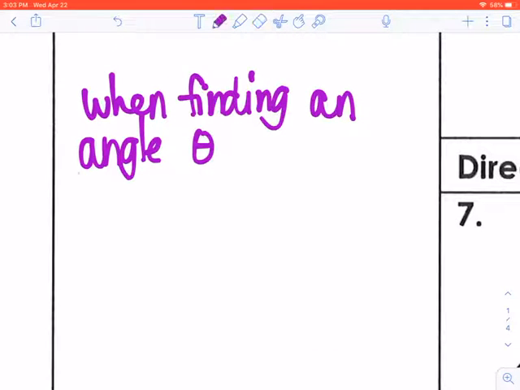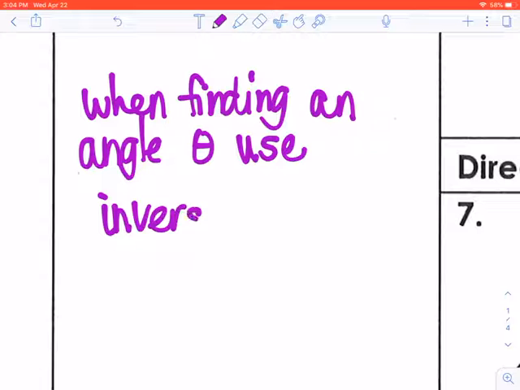It could be x, it could be angle A, it could be angle L, it doesn't matter. But a lot of times we use theta. What we do is we use something called the inverse. And the inverse is represented with that little -1 power. We've talked about inverse functions, and we saw that -1, same idea.